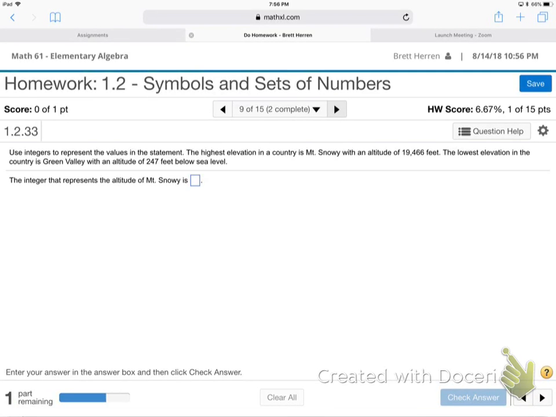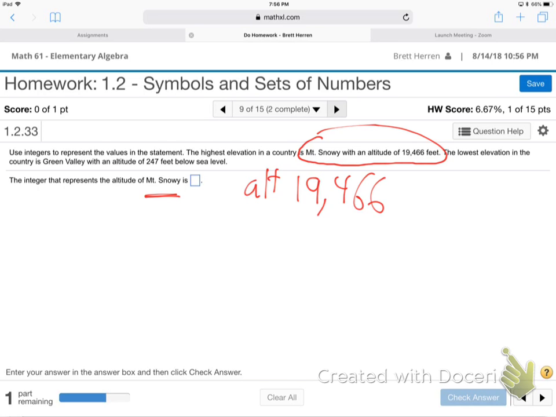Crucial pieces here. Basically, it says the integer that represents the altitude. So in the end, they just want the altitude of Mount Snowy. So what does it say? Mount Snowy, altitude, I'll just write it bigger. 19,466. Yeah, you guys can see it better than me.